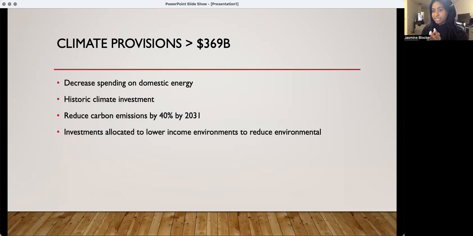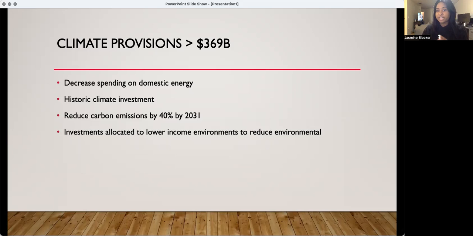So the largest portion of this bill is being allocated to climate provisions and clean energy incentives. So again, just a summary of what this looks like. We are attempting to decrease spending on domestic energy productions. This would be the largest climate investment made by any administration in the history of our country.